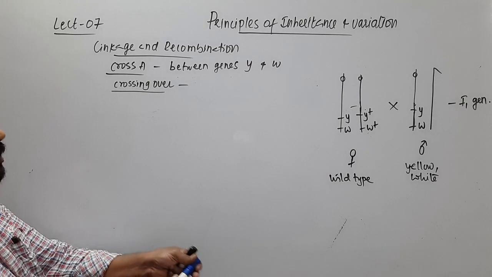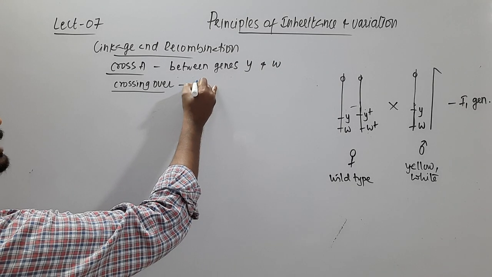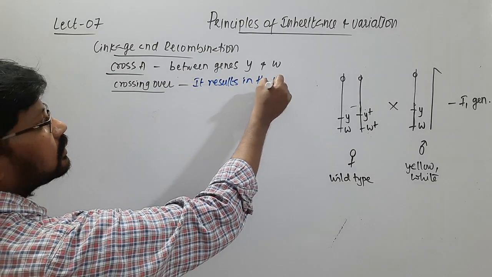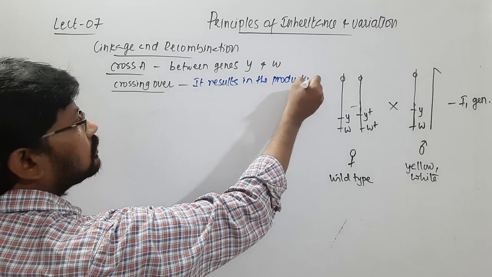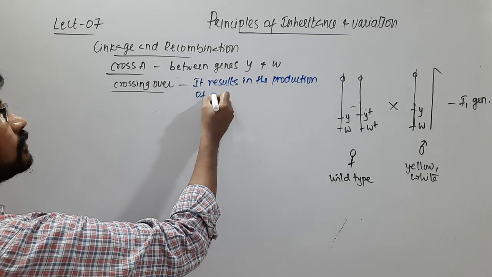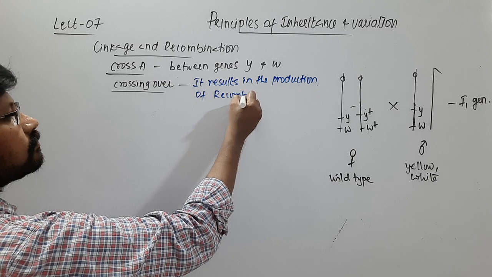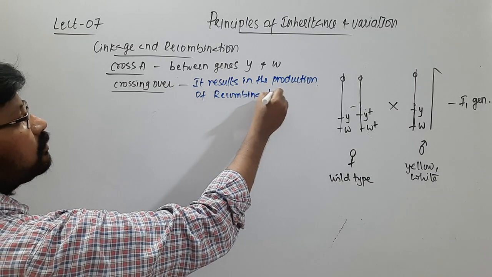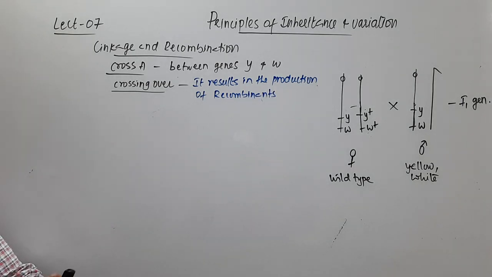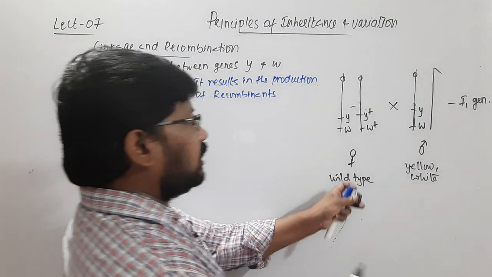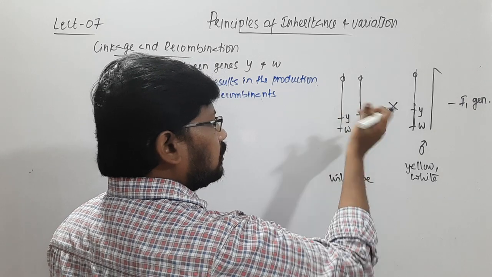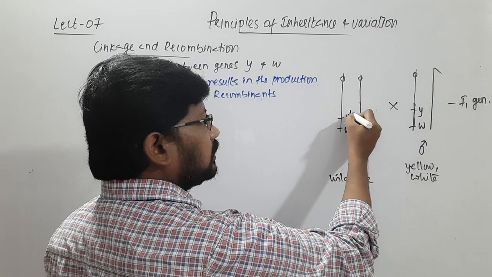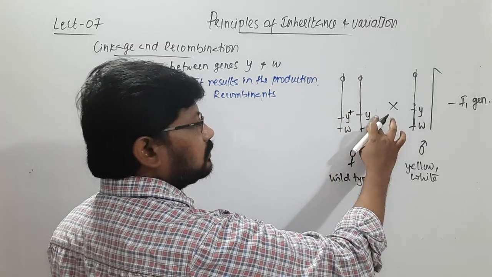If crossing over takes place, it results in the production of recombinants. So here crossing over takes place between these two. Here it is Y, here it comes Y plus.